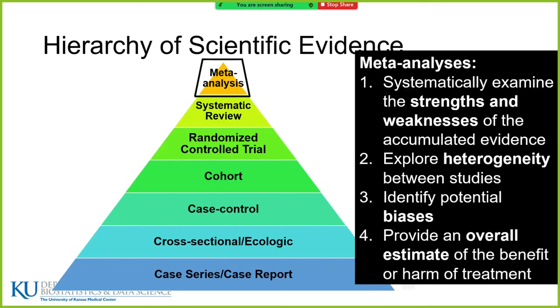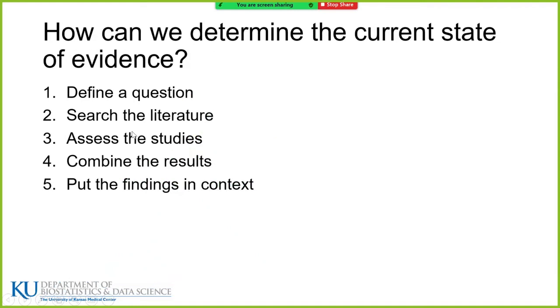So you can look at the potential source of bias in each of the studies and then pool together the findings from all of these studies, taking into account their individual risk of bias through some kind of weighting toward the overall estimate, and get an overall estimate of the benefit or harm of a treatment. So it's a great tool that we can use to determine the current state of evidence.